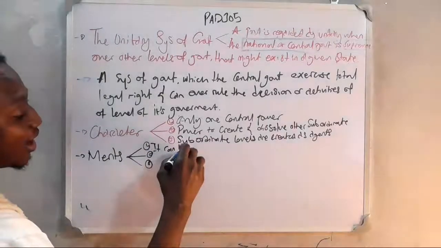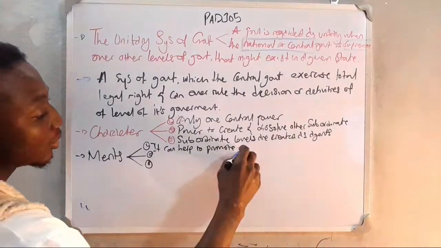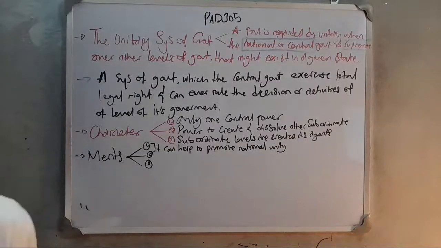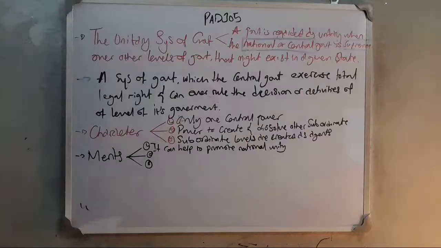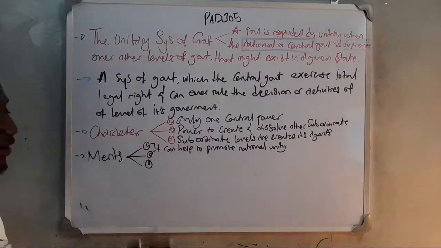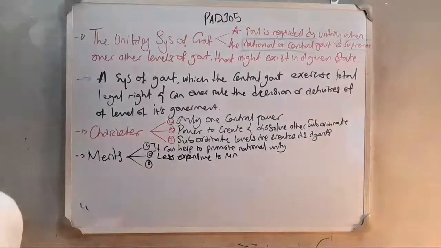It also has absence of duplicate powers, so it reduces the cost of running, making it less expensive to run.